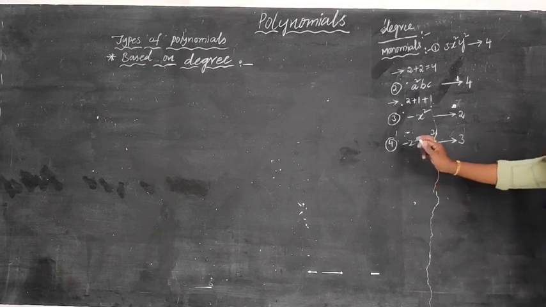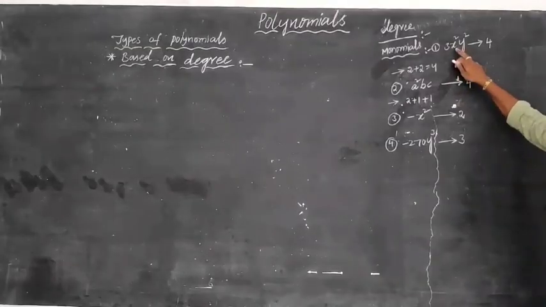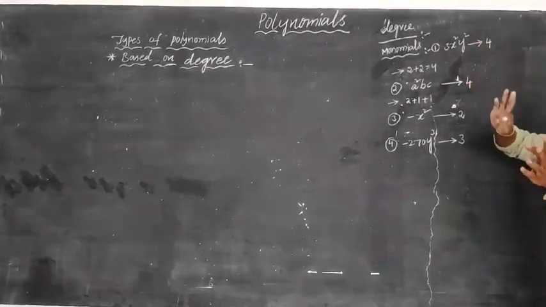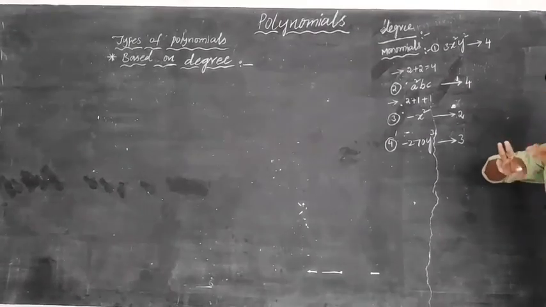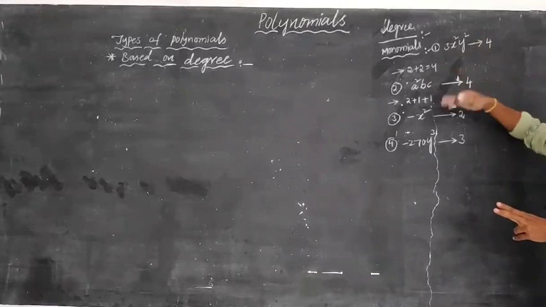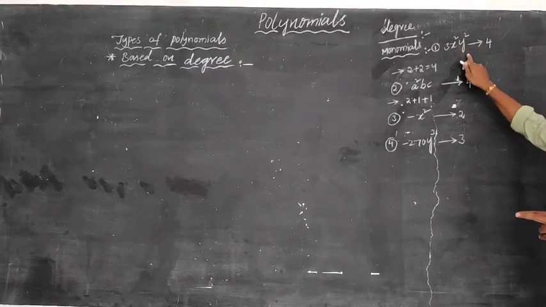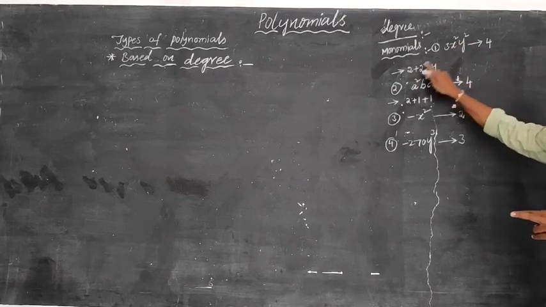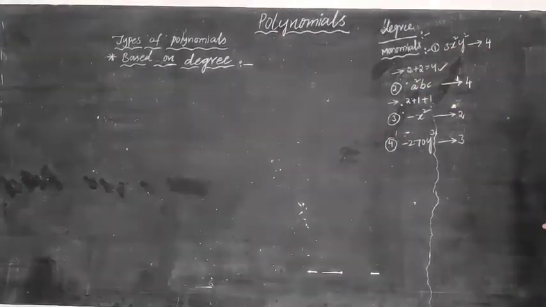This is the way to find the degree of monomials. What are the variables here? Either 2 or 3 or 1 or whatever. If you have 2 variables, count the variables and their powers. The 2 variables are x and y. X has an exponent 2 and y has an exponent 2. 2 plus 2 is equal to 4, the degree.